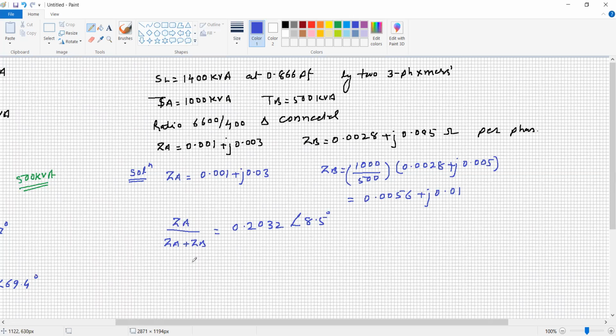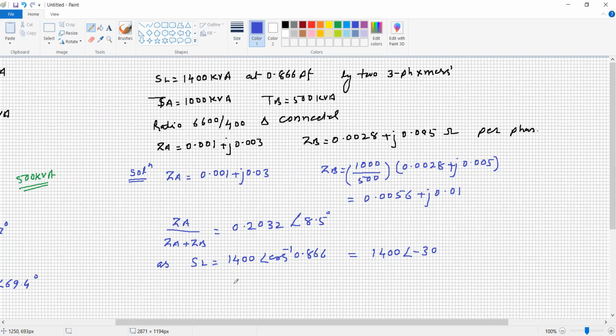Okay, this is the value. Now the load SL is given as 1400 kVA at an angle of cos inverse of 0.866, which is equal to 1400 kVA at an angle of -30.